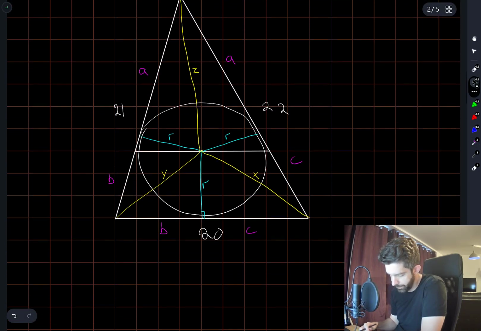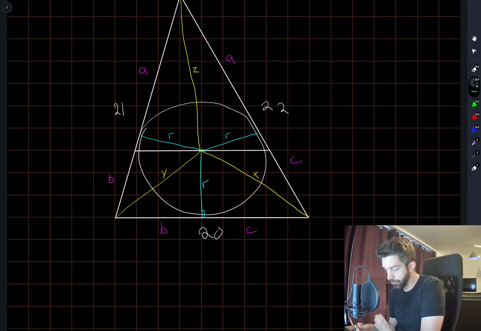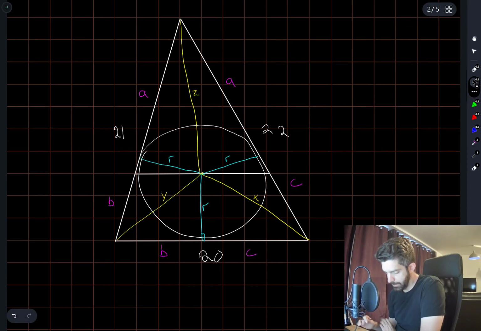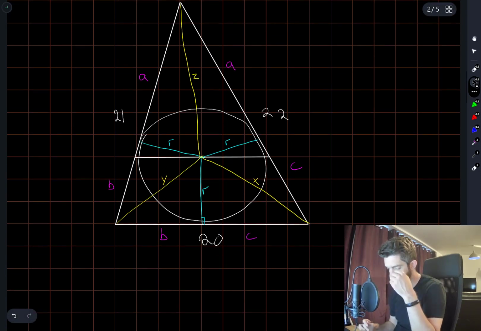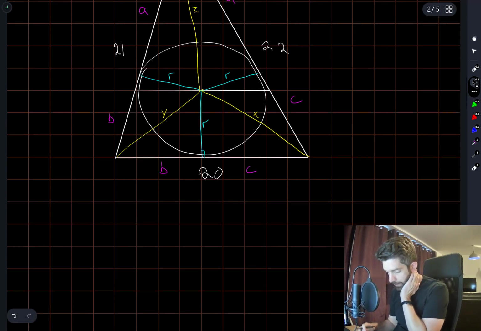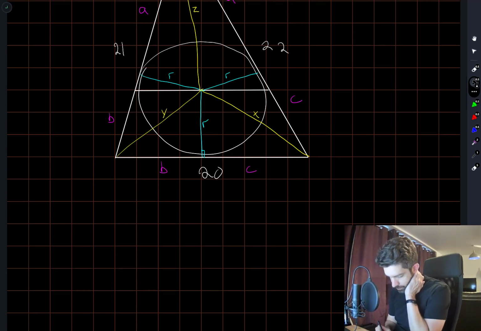Okay, so let's set up. I want us to try and solve for r first of all, and then see what we can do from there. I don't know if this will allow us to do so, but let's just go for it. Okay, so y squared is equal to r squared plus b squared. X squared is equal to r squared plus c squared.